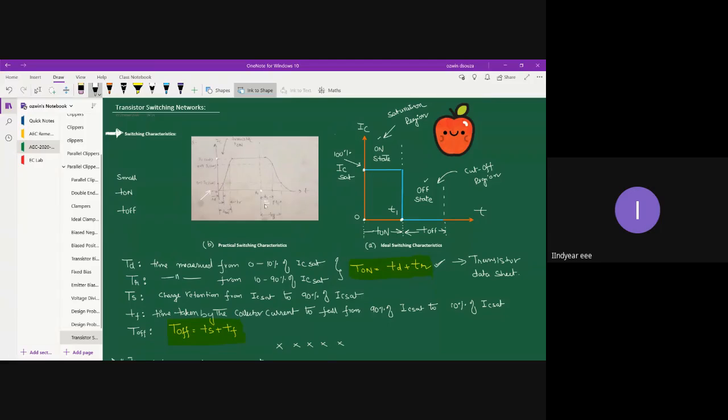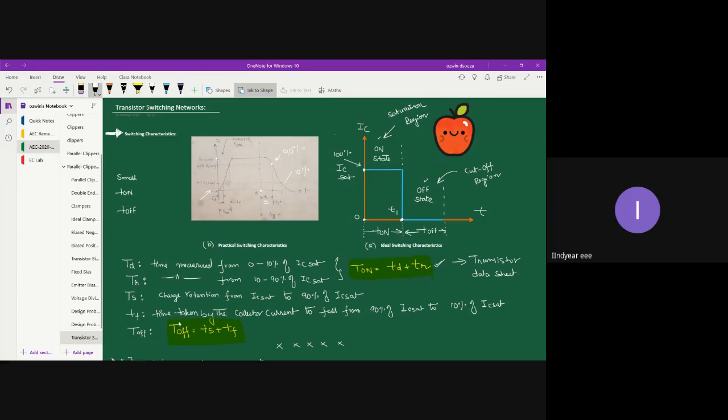Once this storage time has elapsed, the collector current falls to zero rather quickly. However, the fall time is measured from the change in collector current from 90% to 10% of the IC saturation value.